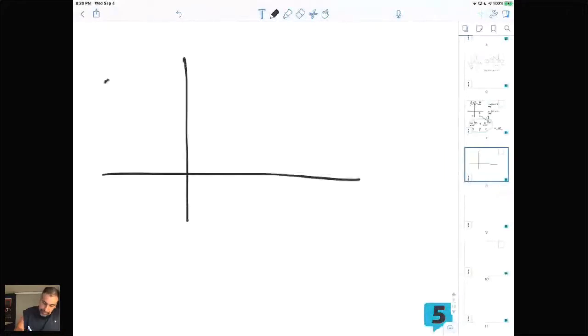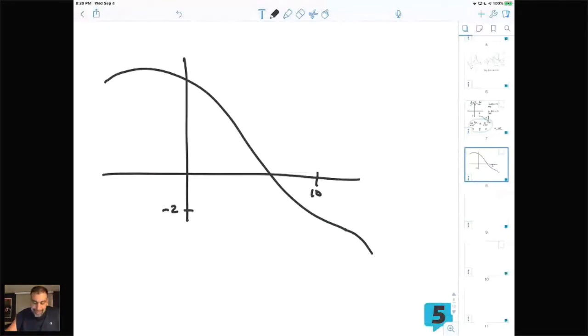This one's a little simpler. If we're doing this one and we're talking about approaching 10 in this case, and we put that at -2, because this function is smooth, there's no breaks, there's no hiccups in it. If you ask what is the limit as x approaches 10 of f of x in this problem, I know it's a little simpler, but again, you've got to show the work.